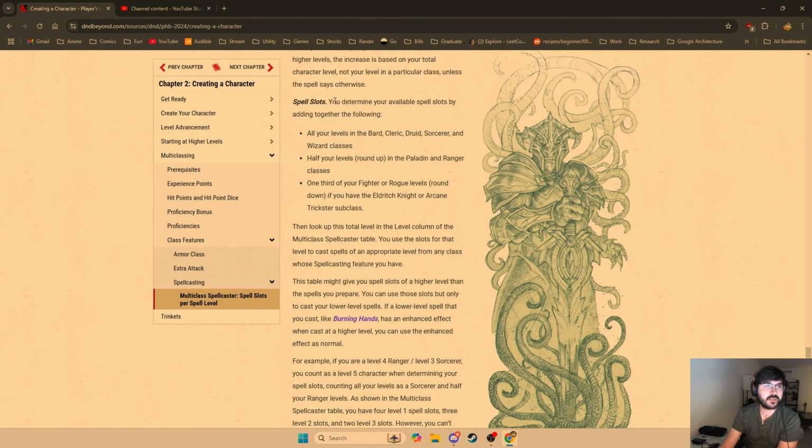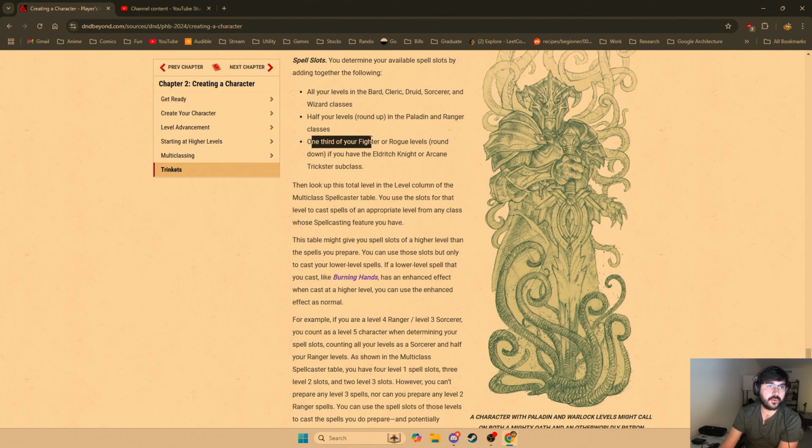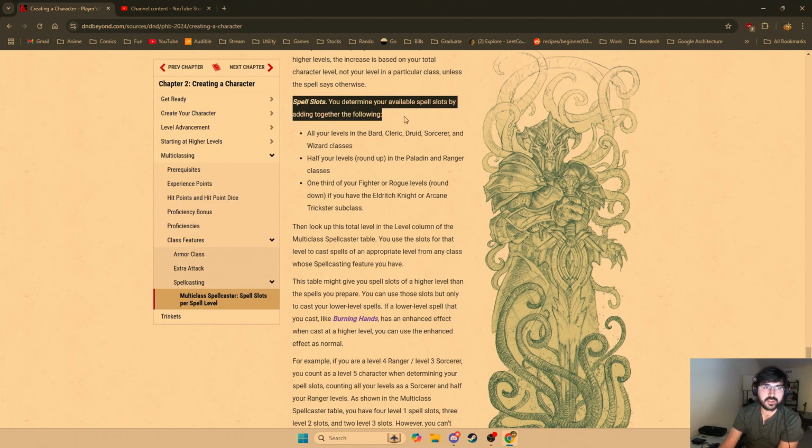Spell slots: all your levels in Bard, Cleric, Druid, Sorcerer, and Wizard, half your level rounded up in the Paladin and Ranger classes, and 1/3 of your Fighter or Rogue levels rounded down if you have the Eldritch Knight or Arcane Trickster subclass. This is effectively how it's determined, and these will again be reiterated in the class or subclass.